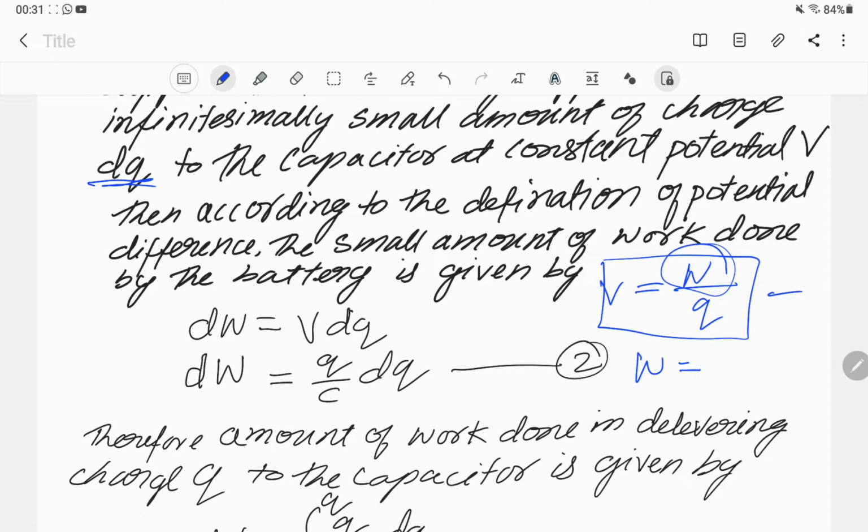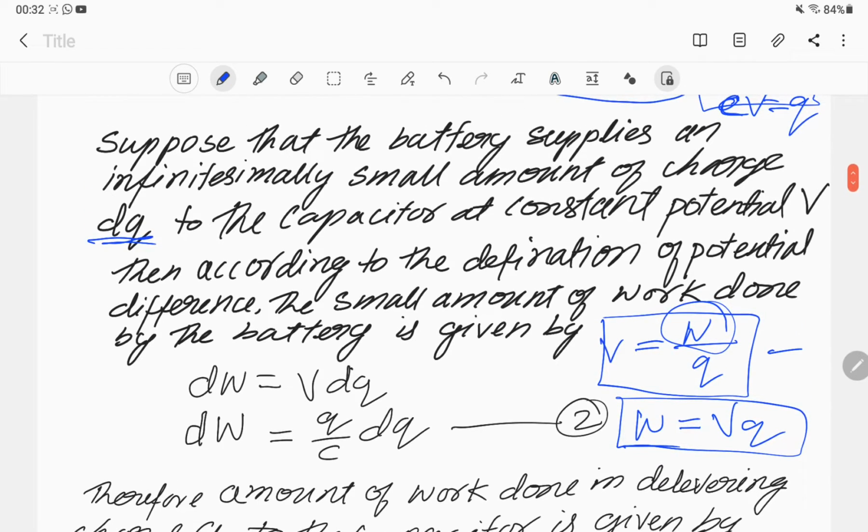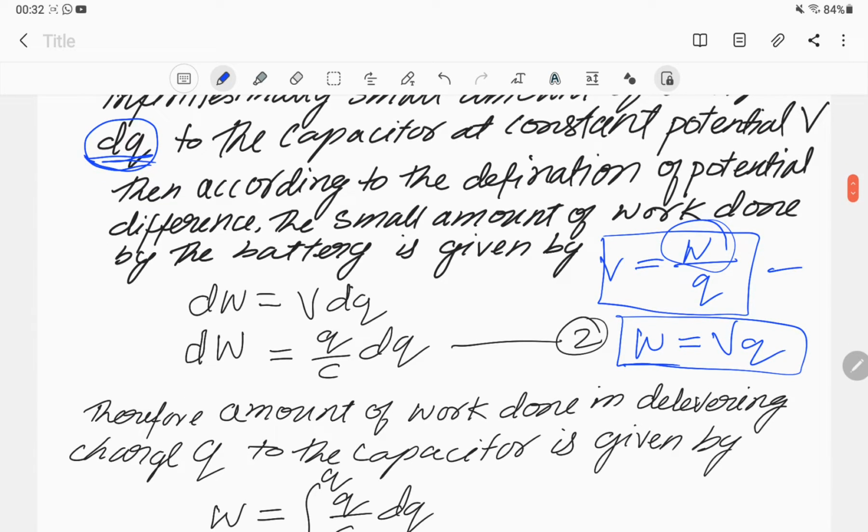So work equal to V into Q. This is the formula for work. Since charge is supplied in small quantity dq, this work is also small work. So small work dW equal to V dq.